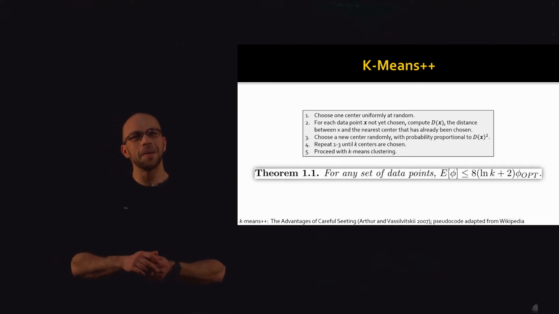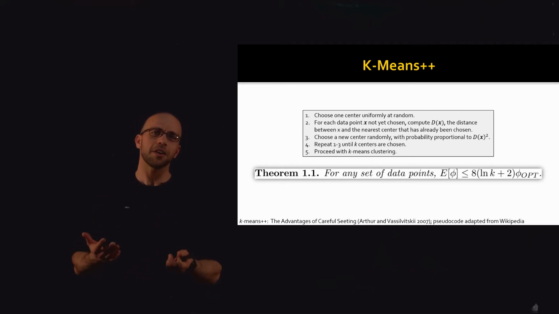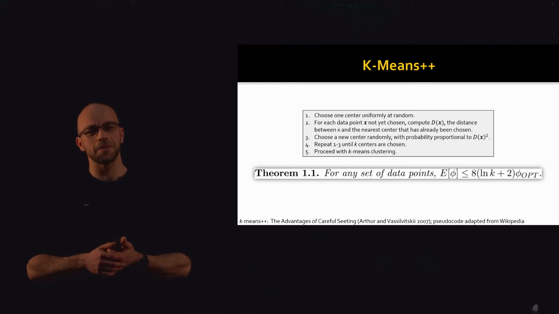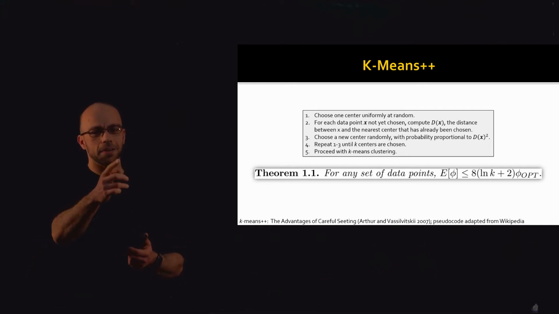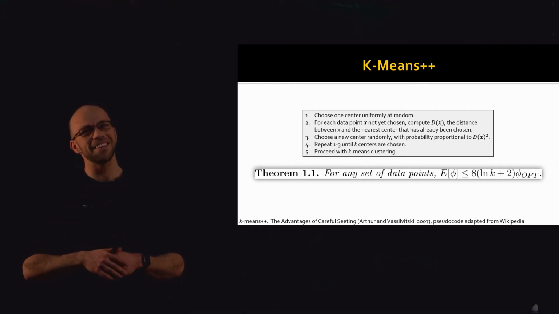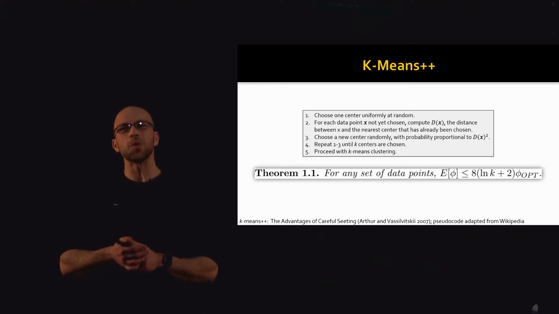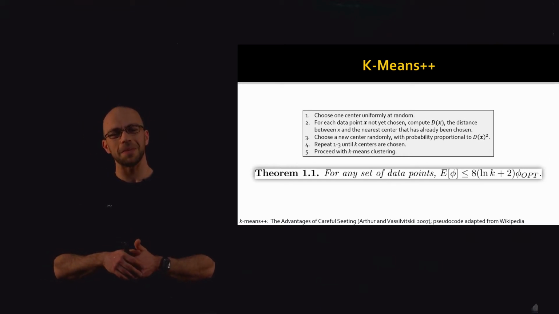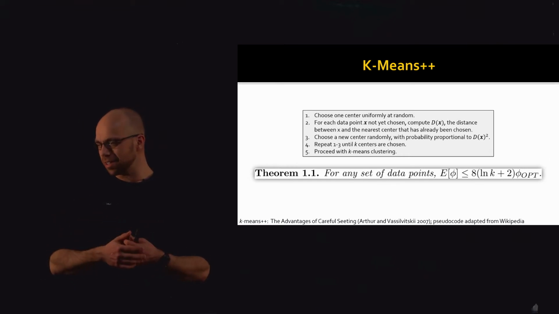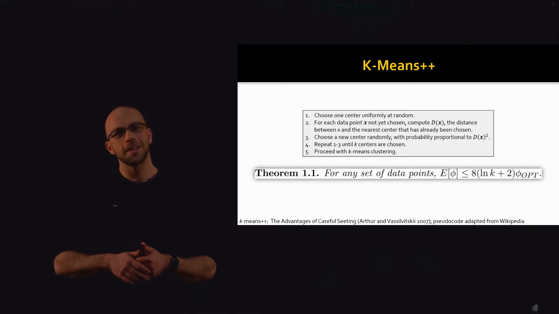So in any event, k-means++ was among the first techniques to have any guarantee at all on performance for k-means. In fact, if you don't do something like this, then you can choose some really, really bad initial guesses for k-means that give you arbitrarily yucky objective functions.